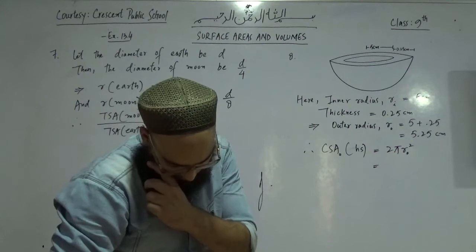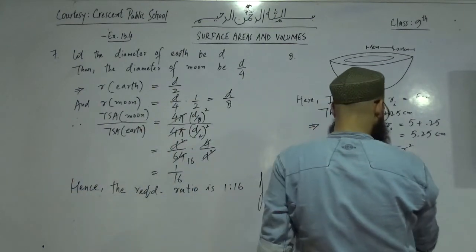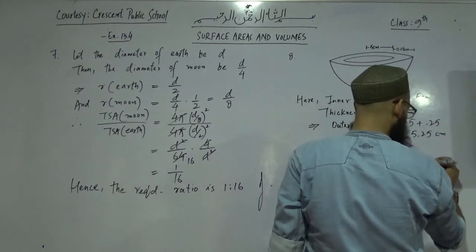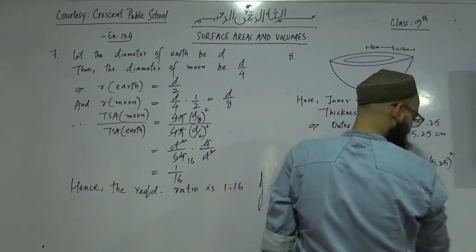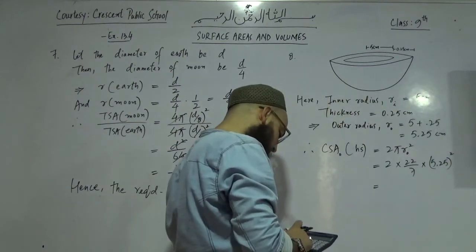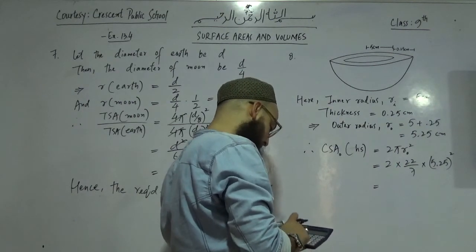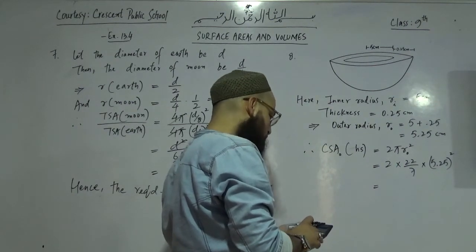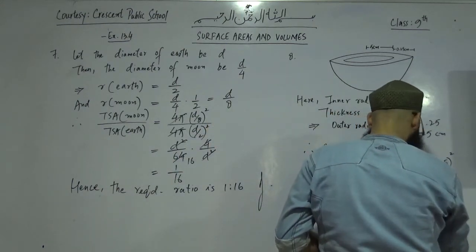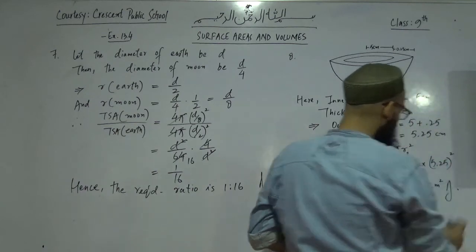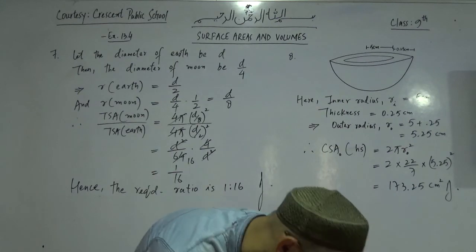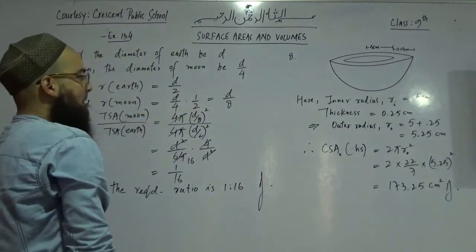Do we have to take 3.14? No. So 2 times 22 by 7 times Ro, which is 5.25. Then do the square. So of this, 5.25 times 5.25 divided by 7, so you get 173.25 square centimeter, and that's your answer. Make a note.